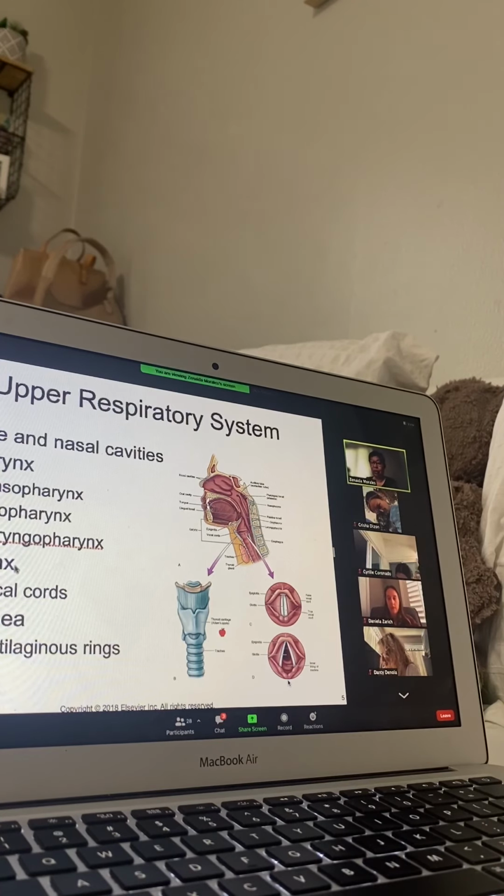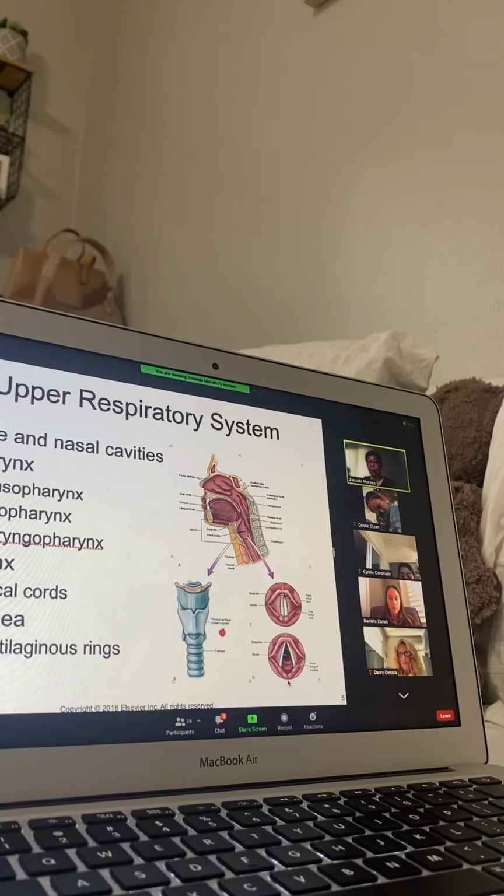And then you have your larynx. In the larynx, you have your vocal cords, and your Adam's apple, and also your epiglottis. What is the function of your epiglottis? Epiglottis is a cartilage. Anyone?